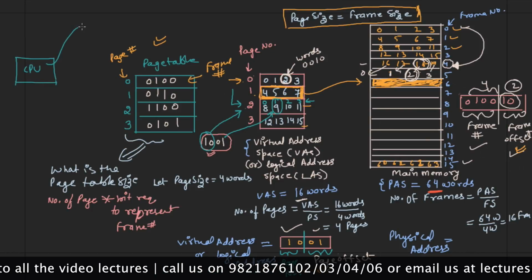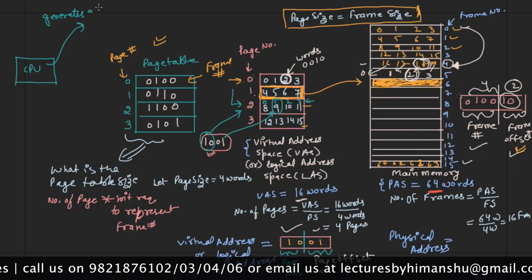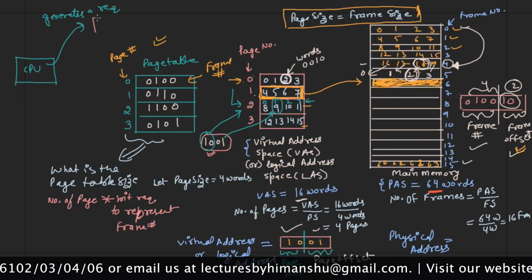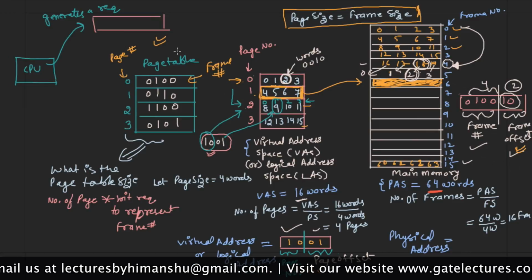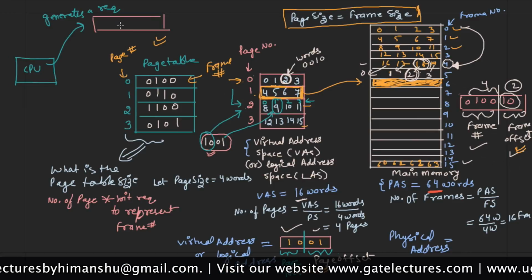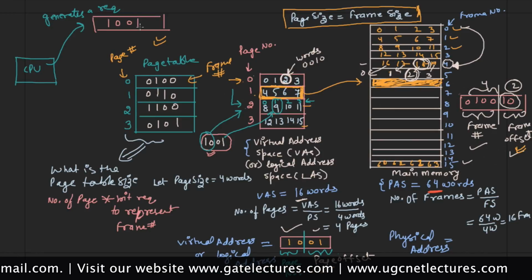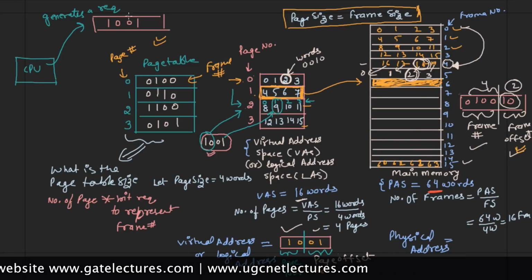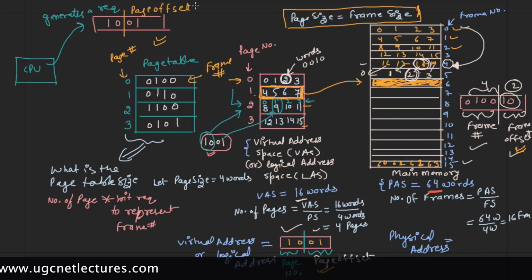Now the CPU generally generates a request that for a particular process I need this byte number. For example, I am executing this process and I require byte number 9. So byte number 9 can be denoted like this, 001. How will this complete address be broken? This complete address will be broken into page offset and the page number.